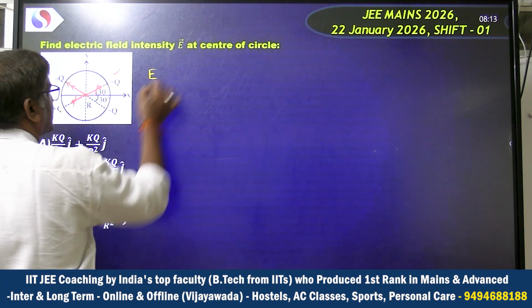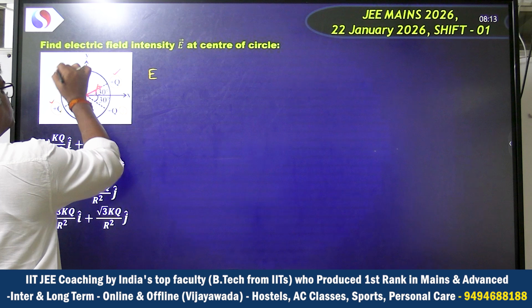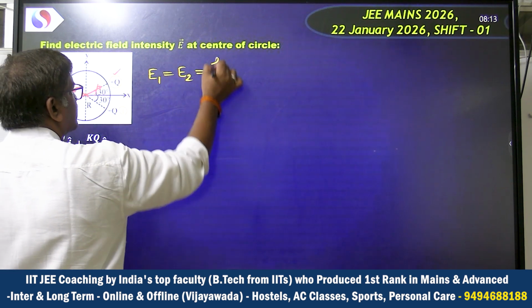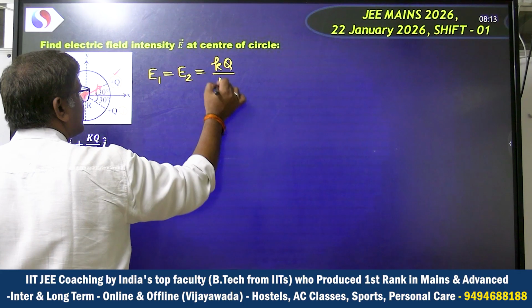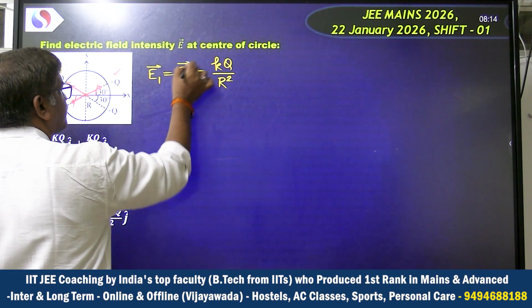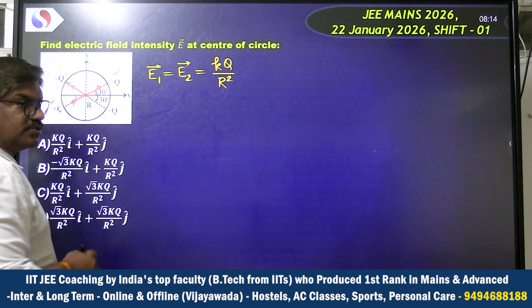Magnitude wise, E1 and E2 are both the same, which is kq by capital R square. And not only the same magnitude, the direction is also the same.